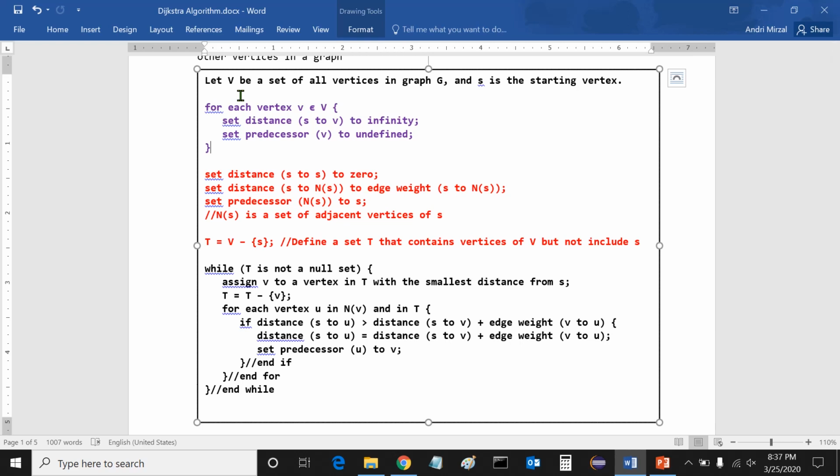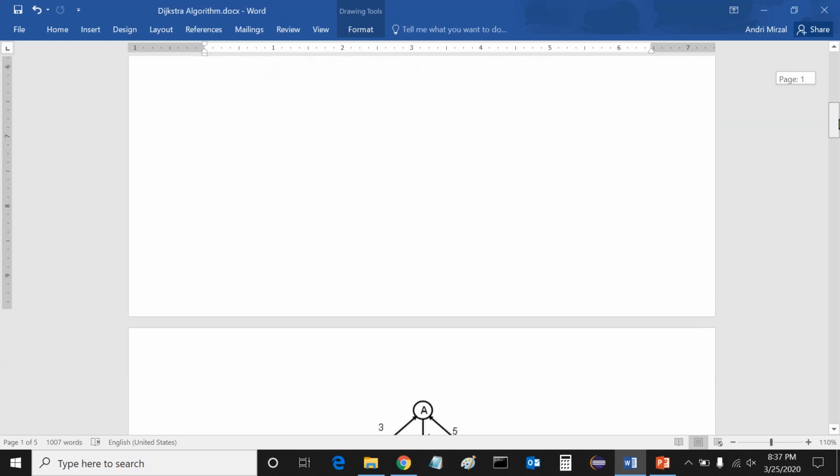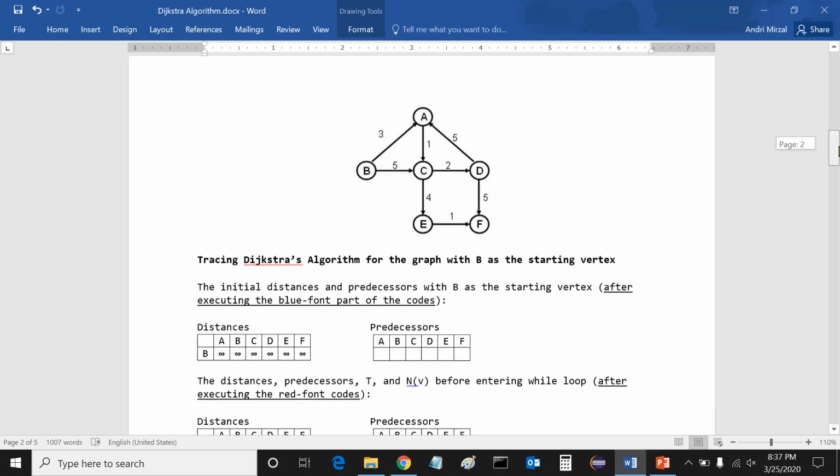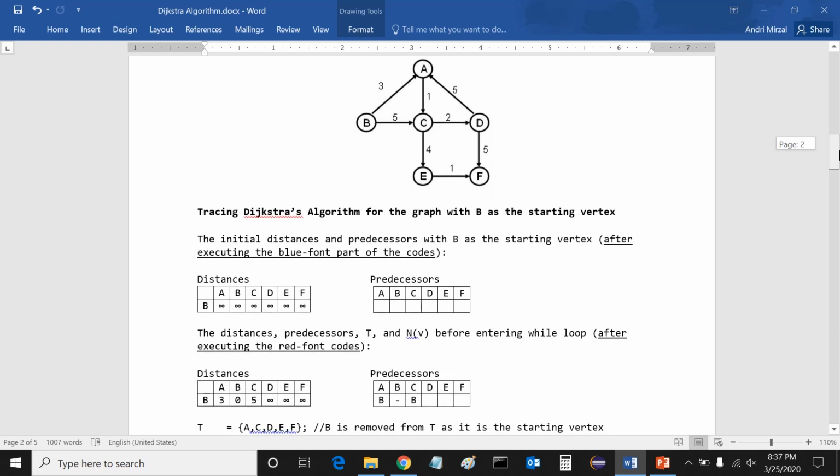Okay, the name of the file will be Dijkstra algorithm.pdf, actually not .docx because I uploaded the PDF version. Okay, I also provide the tracing of the algorithm by using this graph. Okay, look at this. So this is the tracing of the Dijkstra algorithm with this graph and B as the starting vertex.